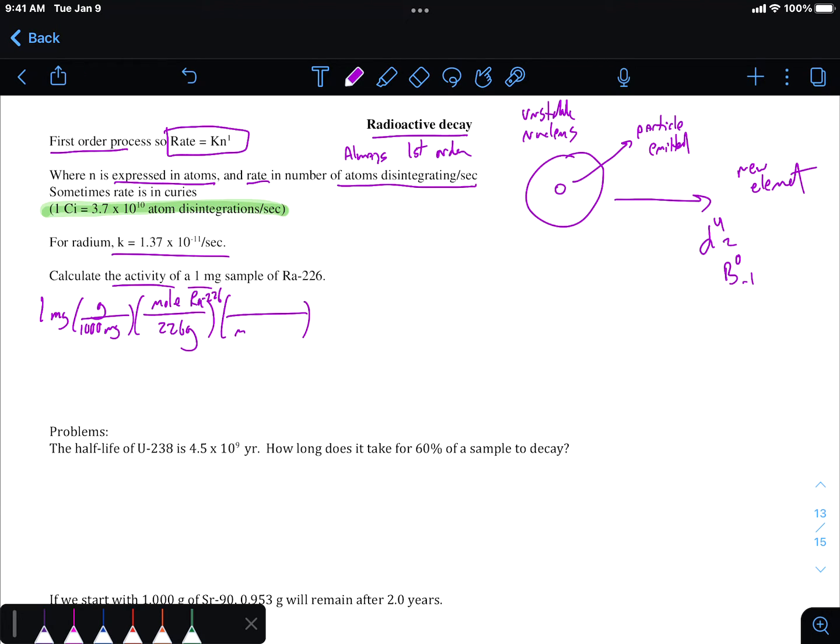And in a mole, you have Avogadro's number of atoms. So we have to figure out how many atoms there are present in 1 milligram. We crunch the numbers, 2.66 times 10 to the 18th atoms of radium-226.